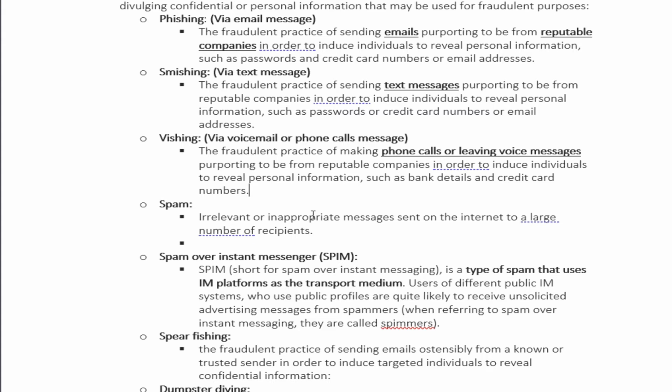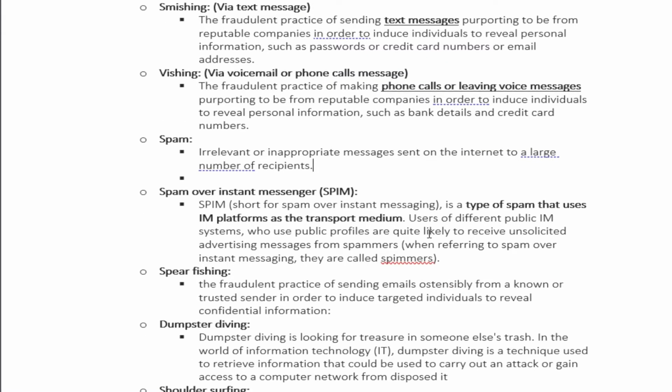Spam is irrelevant or inappropriate messages sent on the internet to a large group of people, a large number of recipients. So what ends up happening is you log into your email, and you're getting all kinds of health enhancement pills advertised to you.